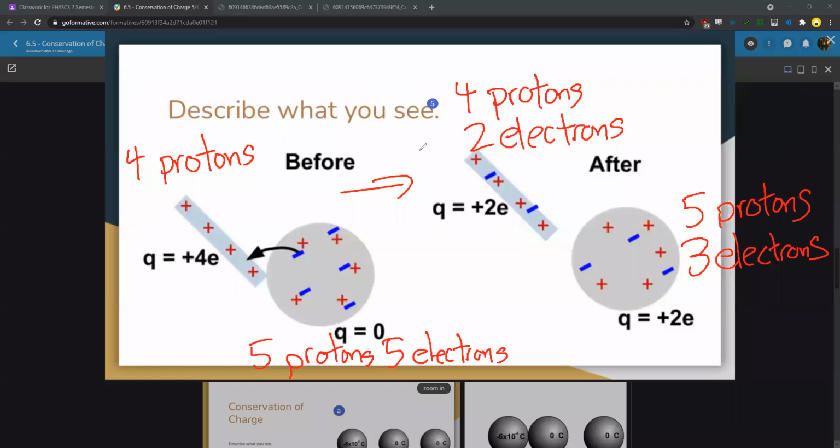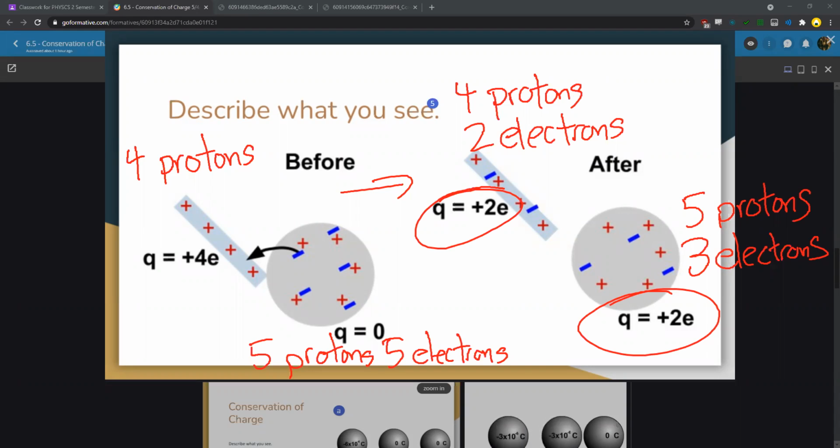So in both cases, you have 2 more protons than electrons. So the charge of both of these objects is the same. You have positive 2e, and you have positive 2e.